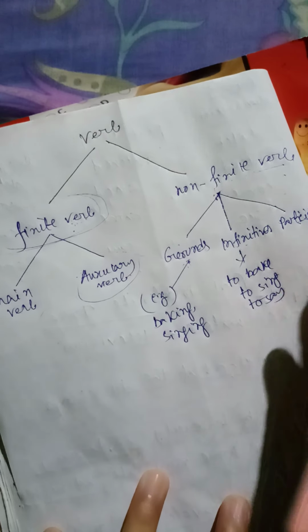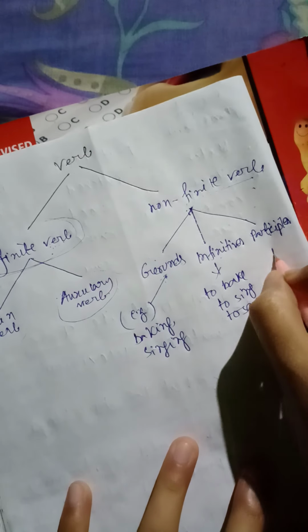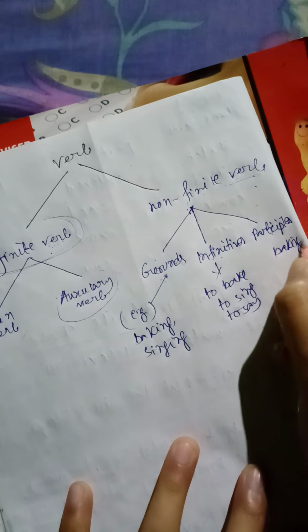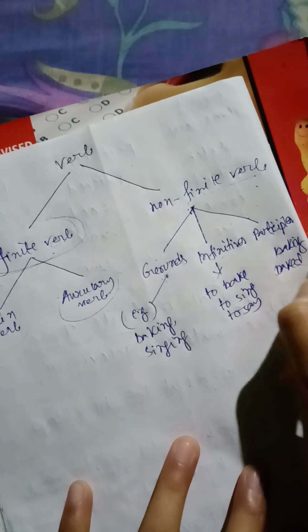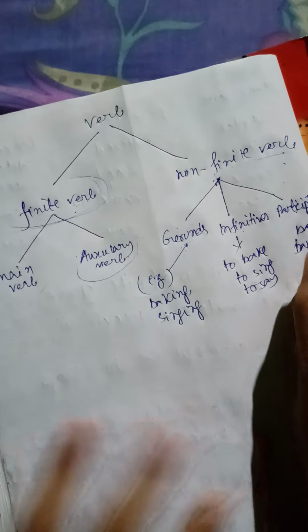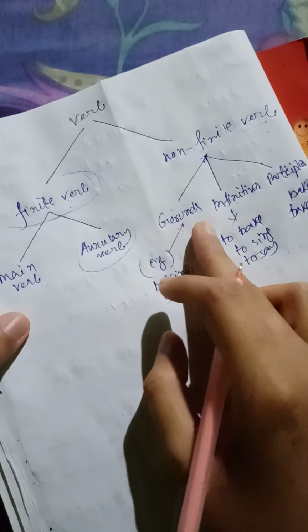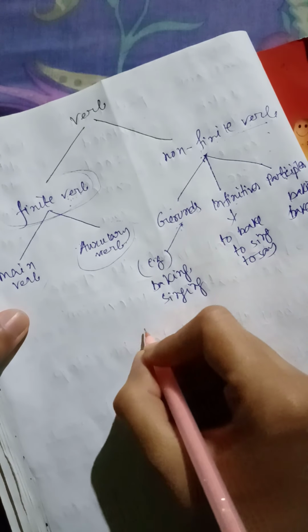In this way you can. The participles: also baking, baked. I will discuss all these things in detail in my upcoming videos. Okay, so let's take one example of gerunds.